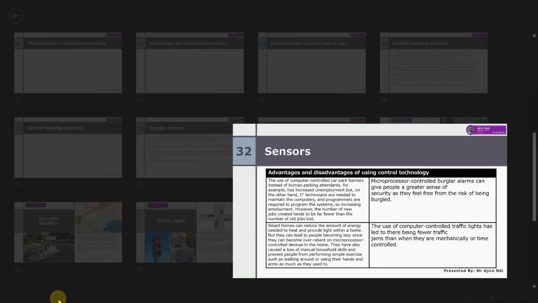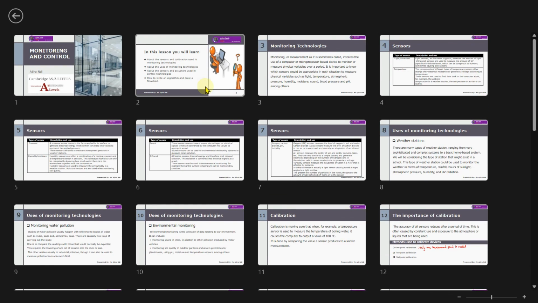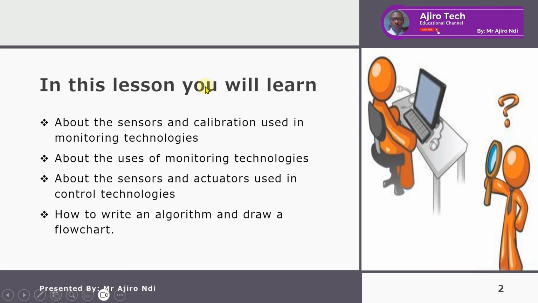So this is where we're going to stop, and this just helps us to summarize what we have done in this video, going back to the lessons for this video, talking about the sensors and calibration used in monitoring technology. And again, we talked about calibration.